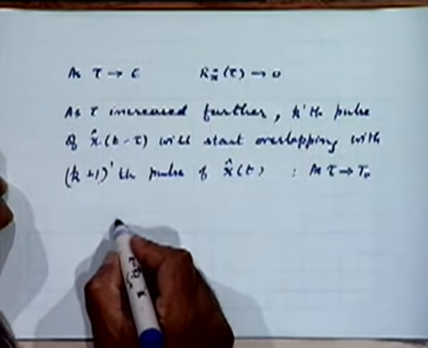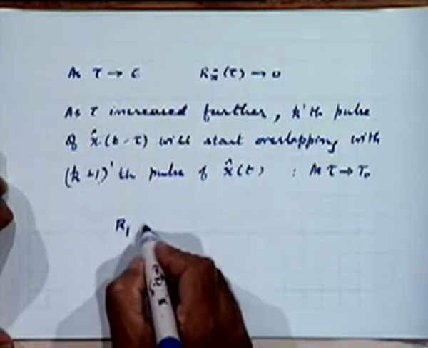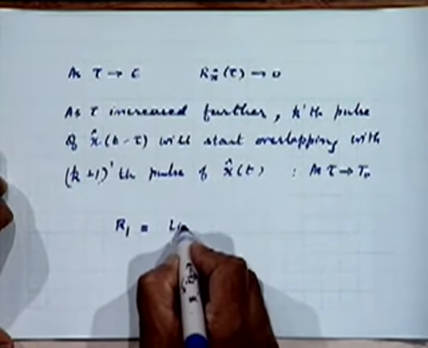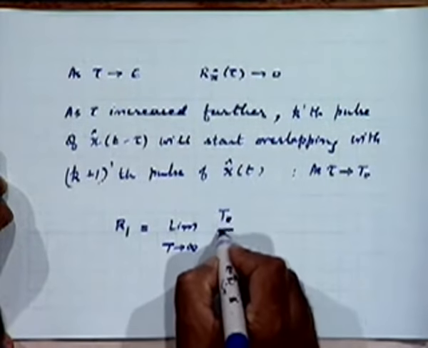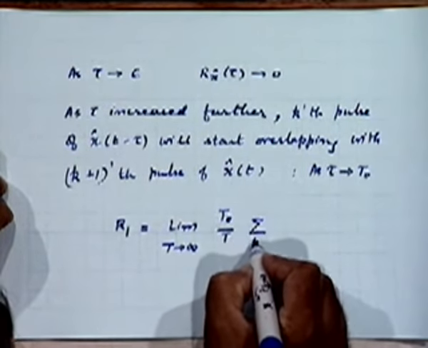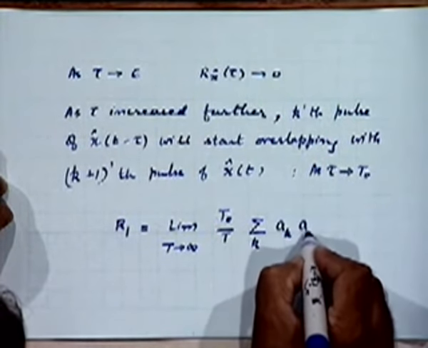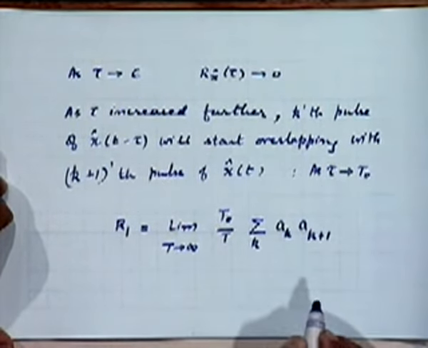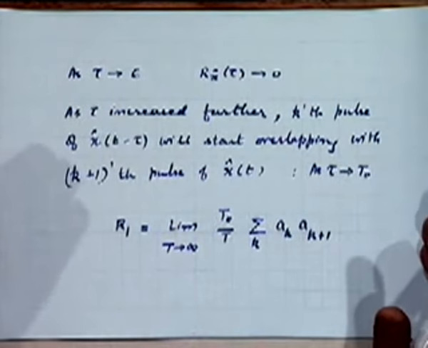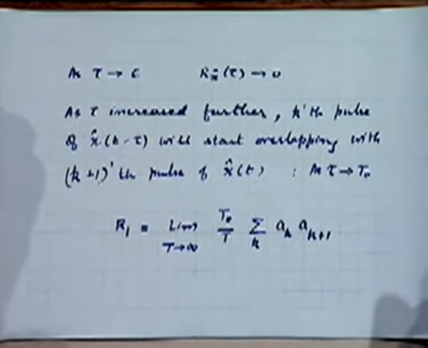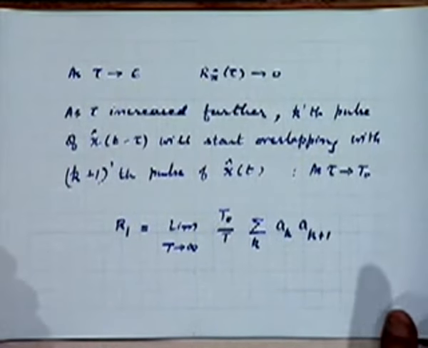So I think all of you now appreciate that the R1 that will come into the picture will be the limit as T tends to infinity of T0 by T, summation over k of a_k into a_{k+1}. Again we are assuming that only those terms will matter which lie in the interval between minus T by 2 to plus T by 2 that we are considering.